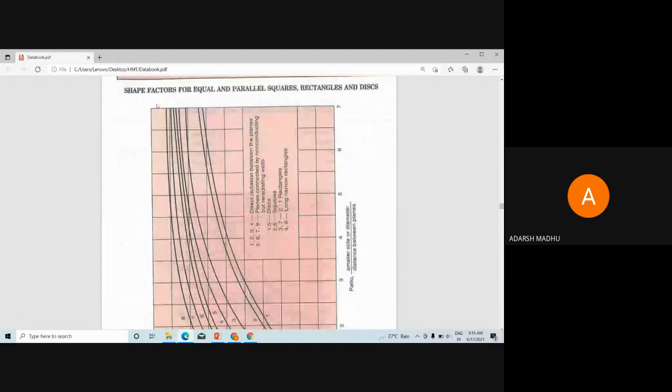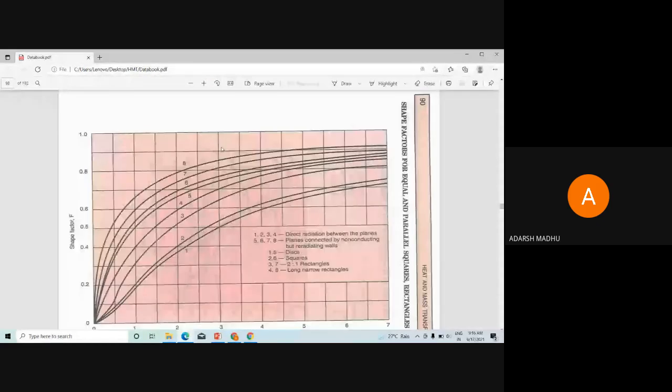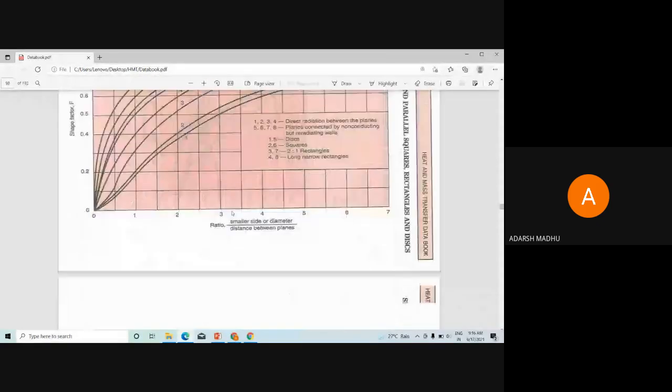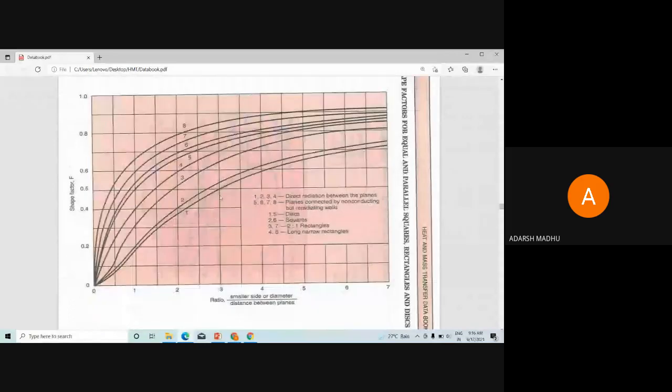Okay, shape factor for equal and parallel squares, rectangles and discs. This is the first condition. So how can we find the value of the shape factor for equal and parallel squares, rectangles and discs? Here the ratio, the x-axis value, is the smaller diameter or smaller side of the given figure divided by the distance between the two planes.